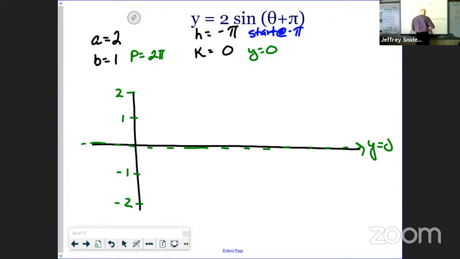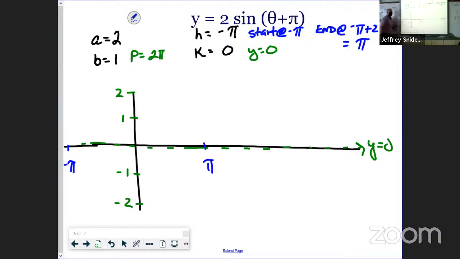Pi. It's going to end at negative pi plus the period 2 pi, which is pi. So when I graph this, over here on the left somewhere, let's just say that's negative pi. Then over here, the same distance away, I would put positive pi.